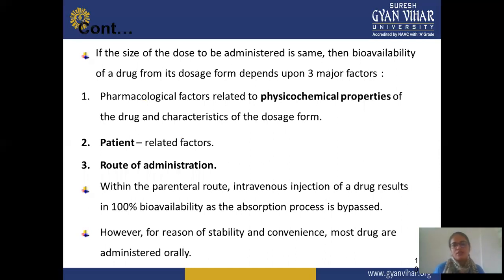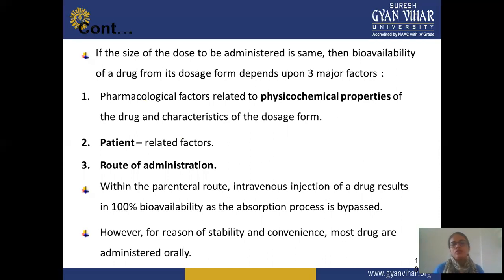Second is patient related. Third one is route of administration. Means size, shape, all properties of the drug; patient condition, disease condition, any other drug he or she is taking; and which route you take to administer that particular drug. And within the parenteral route, intravenous injection of a drug results in 100% bioavailability as the absorption process is bypassed.